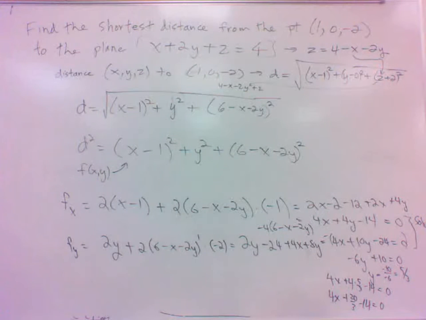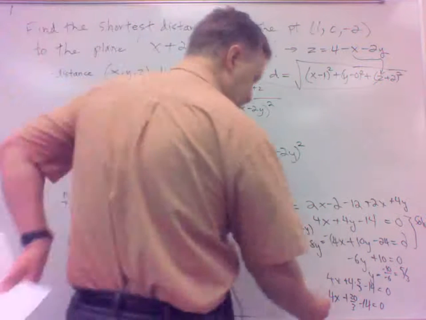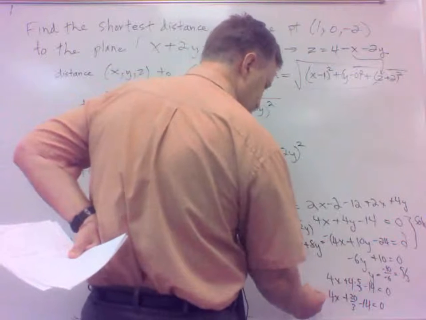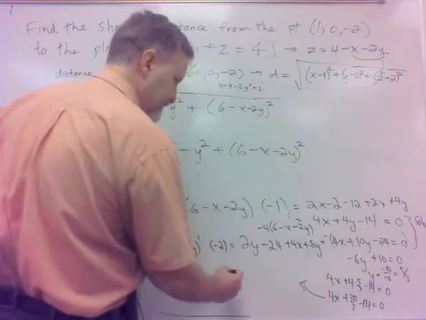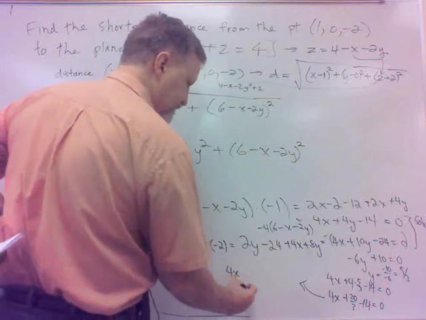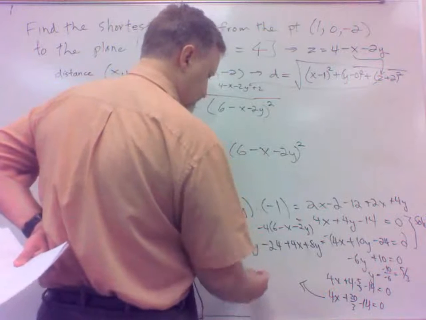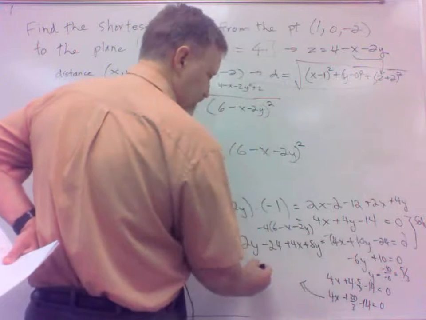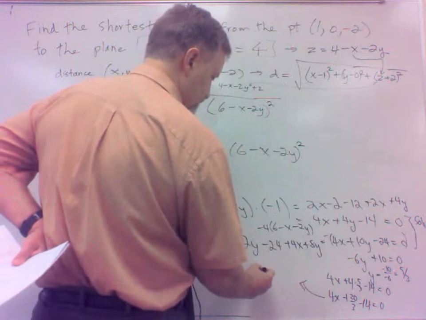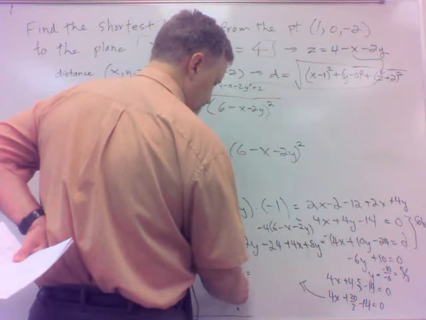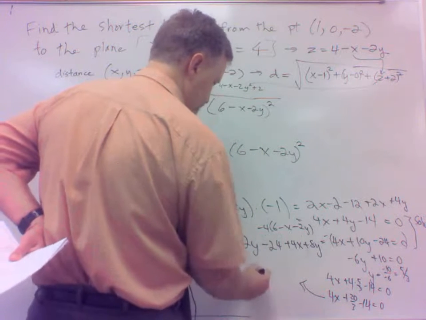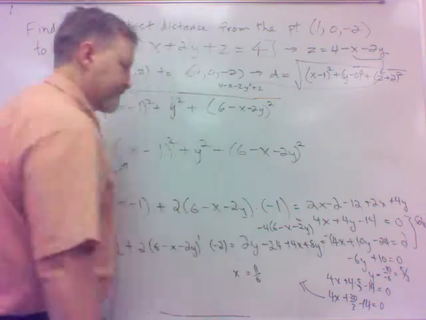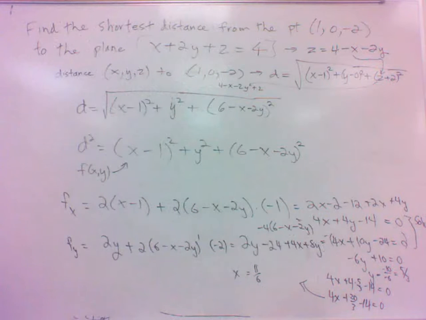Yeah, these are probably not going to be nice, easy numbers usually. Let's see. So see, that would be 20. X is 11 over 6.